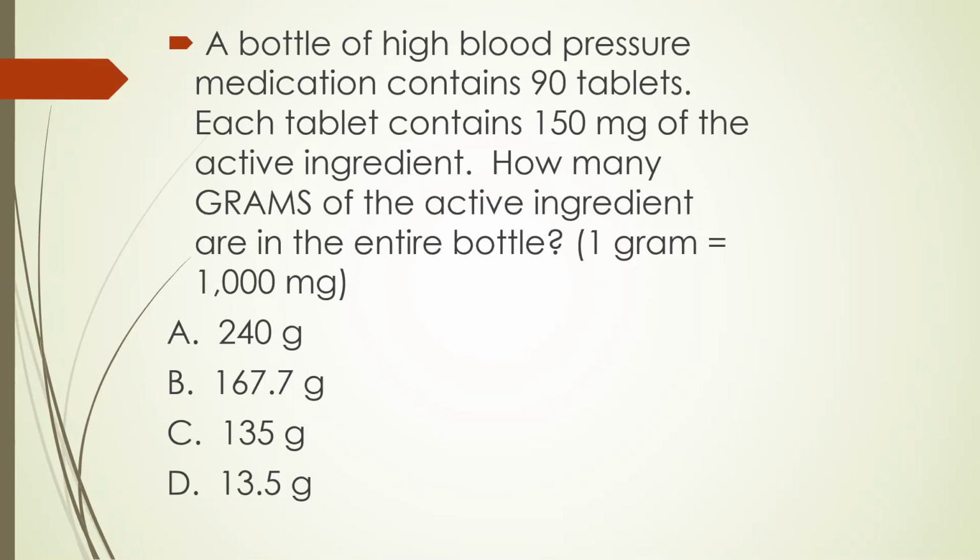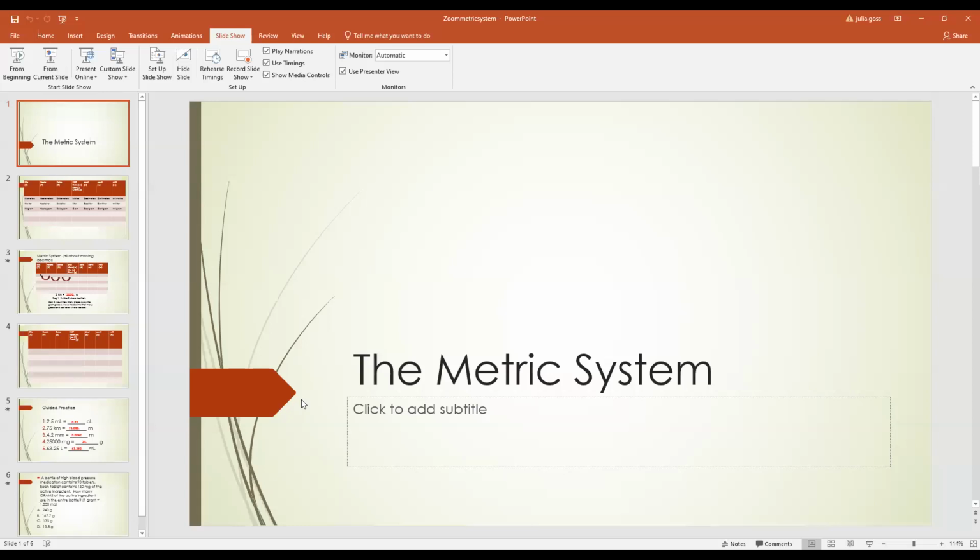And then I would multiply that by 90. And that gives me 13.5 grams. So my answer would be D there. And that's the end of this show, but I do want to show you all something else.